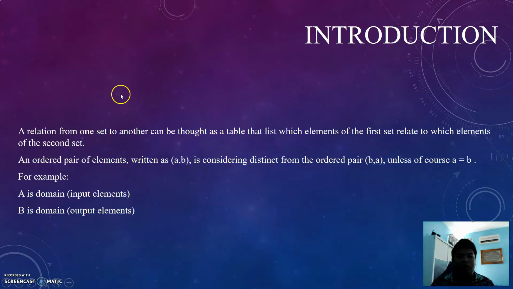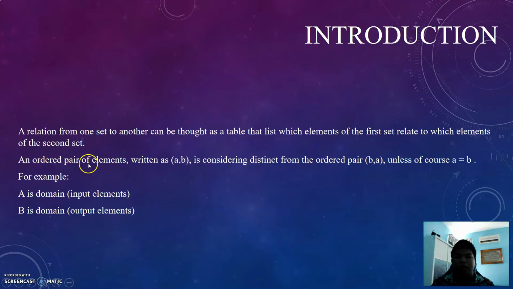A brief introduction. A relation from one set to another can be thought of as a table that lists which elements of the first set relate to which elements of the second set.